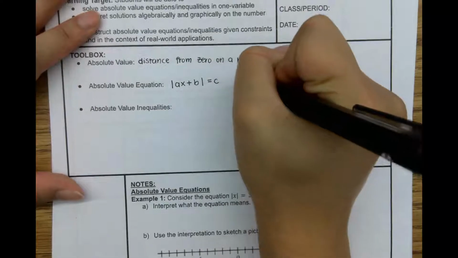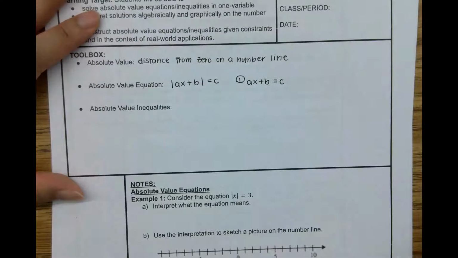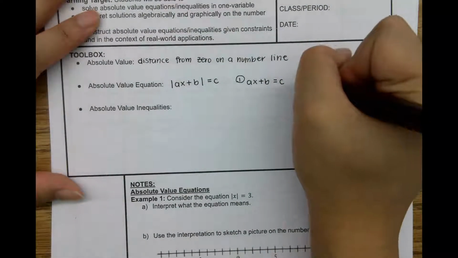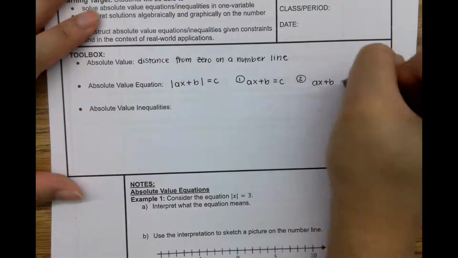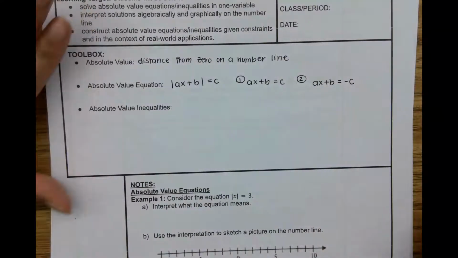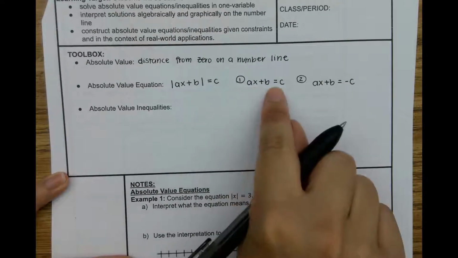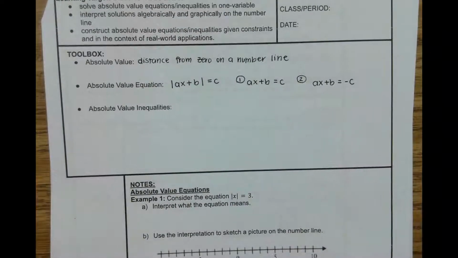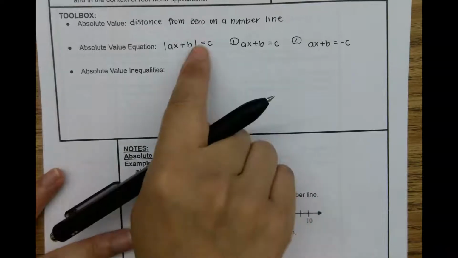We have one equation where it equals c, and then we split it up to a second equation where it equals negative c. When we split it up, the absolute value symbols go away. So that's our absolute value equations. It's an equation because of the equal sign.